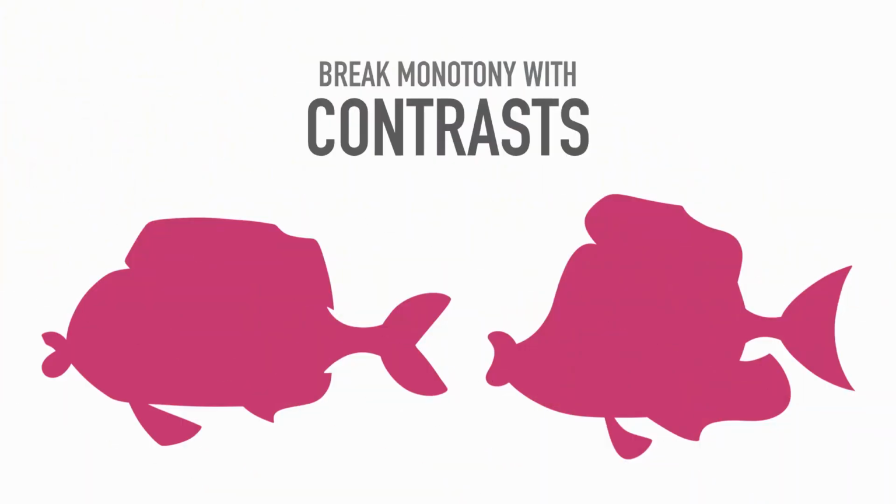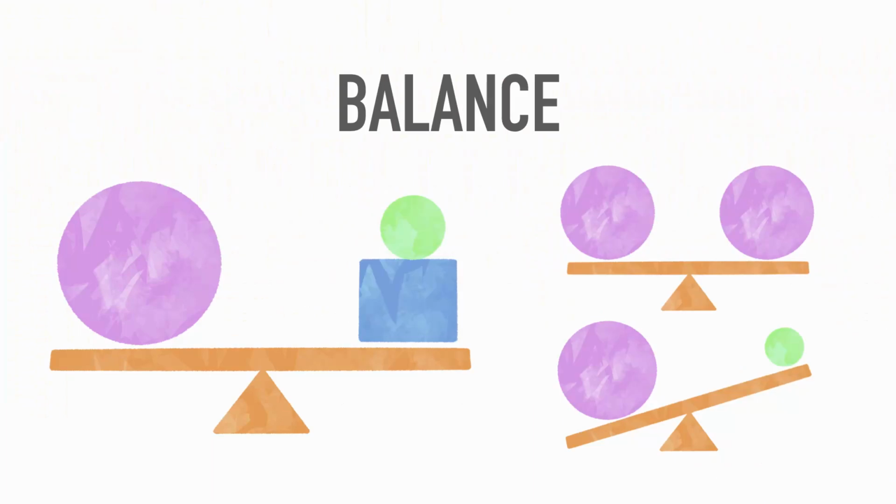The next ingredient is breaking monotony with contrast. We can have a simple fish, but anything that is different can make contrast. The third ingredient is balance. Every element in our design is going to have some sort of visual weight. Usually big and dark shapes have more weight, and we have to think on what things are heavier and what things are not, so we can achieve some sort of balance.